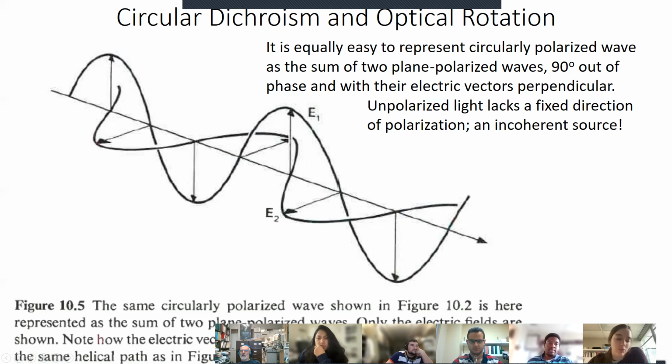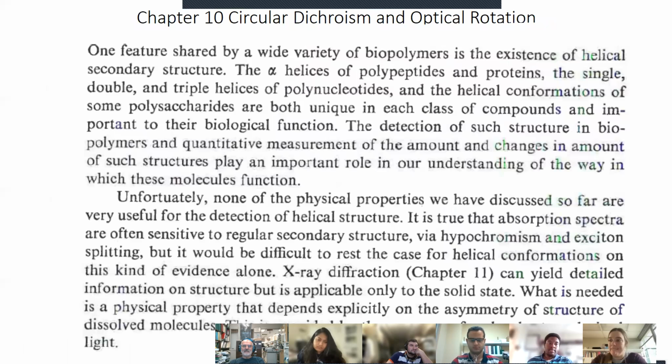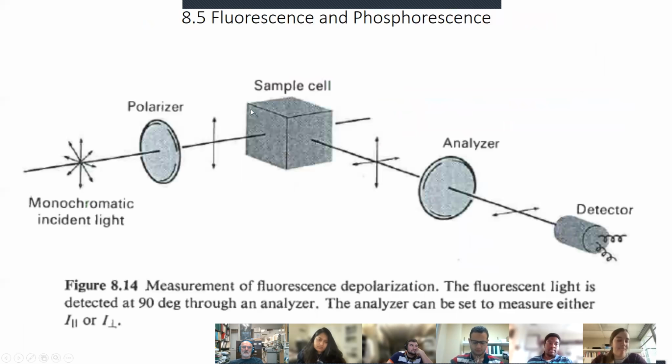All right. So white light, unpolarized light, will have no fixed direction. It will be what we call incoherent. In the instruments that we're talking about, we make polarized light by putting in some kind of a device that selects for only light in one orientation.